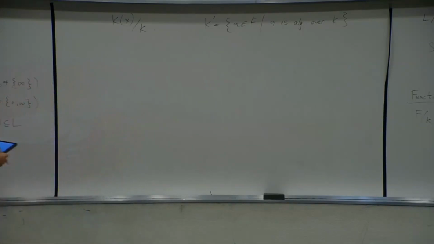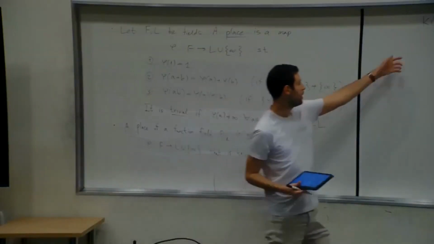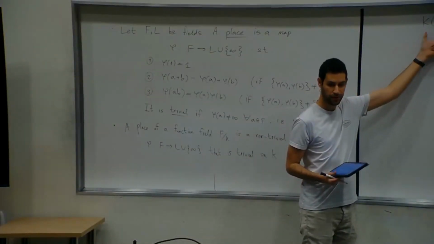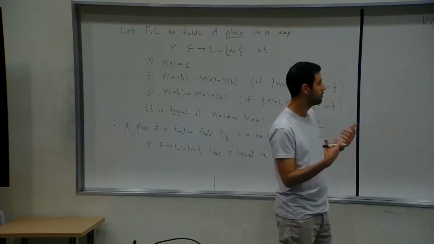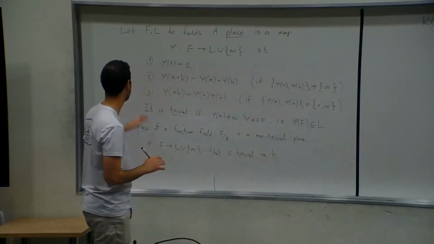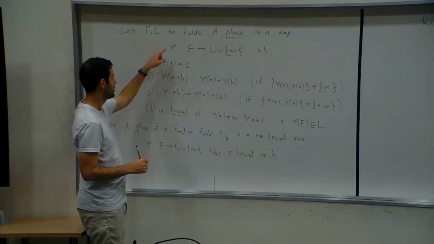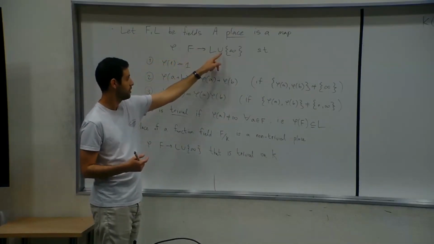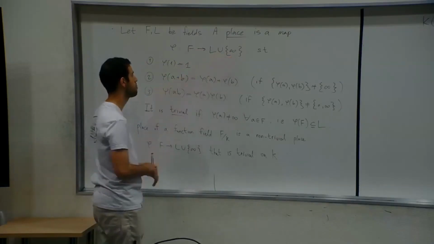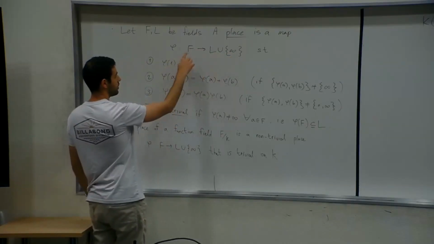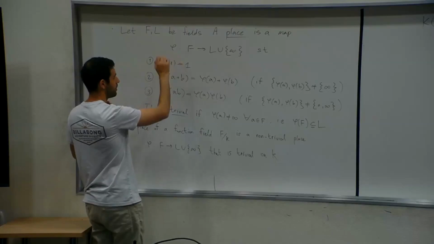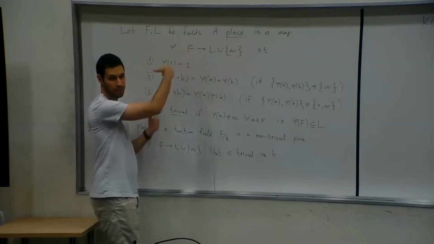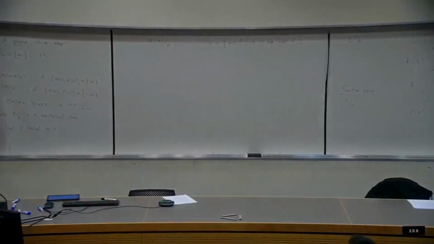Okay, so let me remind you. Now we only focus on this function field, and we want to find its places. So what is a place? In general, a place is just a map from a field F to a field L with the infinity symbol. Think of the elements of F as the functions that we want to evaluate, and the output is the value. The place evaluates the function.